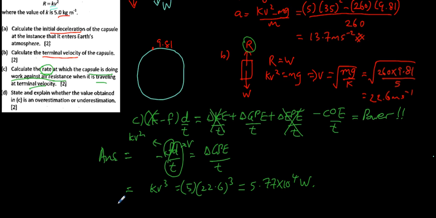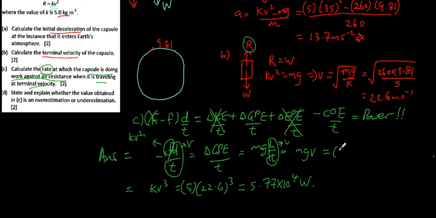Okay, if you are not convinced that this is the answer, we can also use this to solve the problem. Let's see what is the change of KE. What is the change of GPE? Change of GPE is mgh over T. But h over T is distance over time, which means speed as well. In other words, you are looking for mgv. What is mgv?